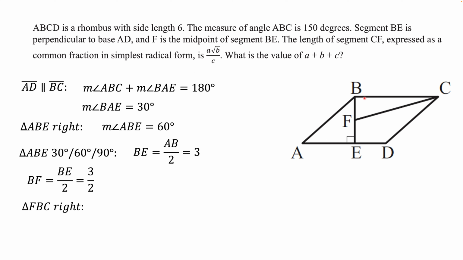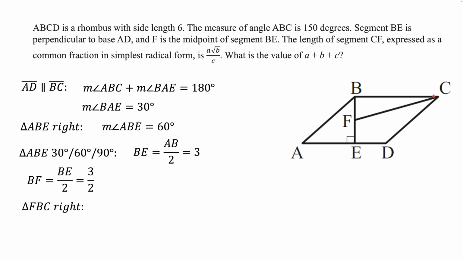How do I know it's 90 degrees? One way to explain it is we have AD and BC, which are parallel, and BE is perpendicular to one of the parallel lines. In this case, BE is also going to be perpendicular to any other line that's parallel to AD. So it's perpendicular to BC.